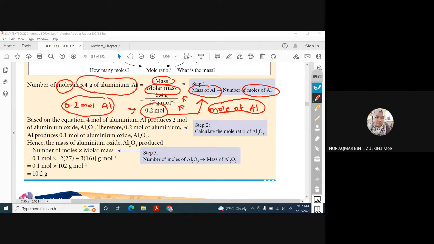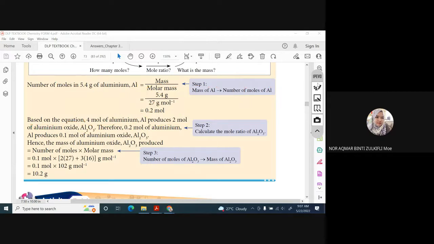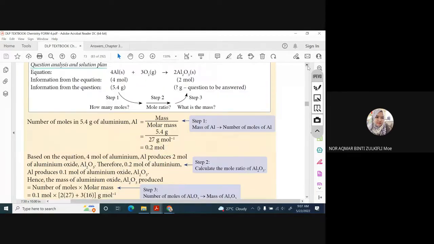Okay, why? Because based on the equation, 4 mole of aluminium produce 2 mole of aluminum oxide. Ini from the equation ke atas tadi. Okay, nanti cikgu tunjukkan. Ini.